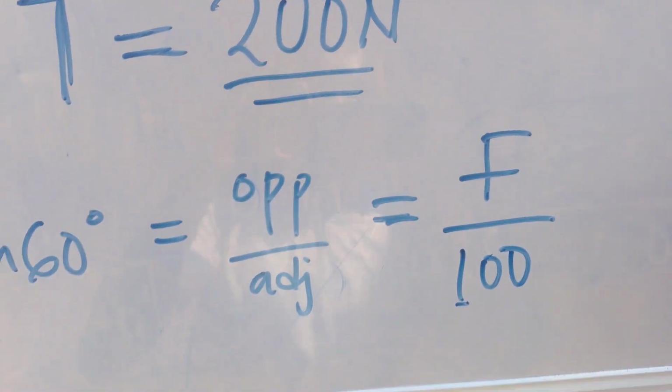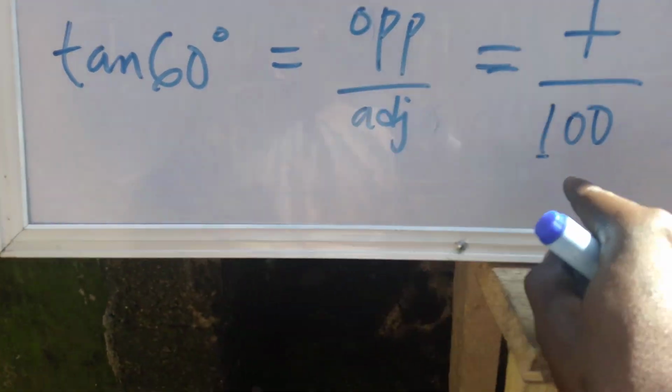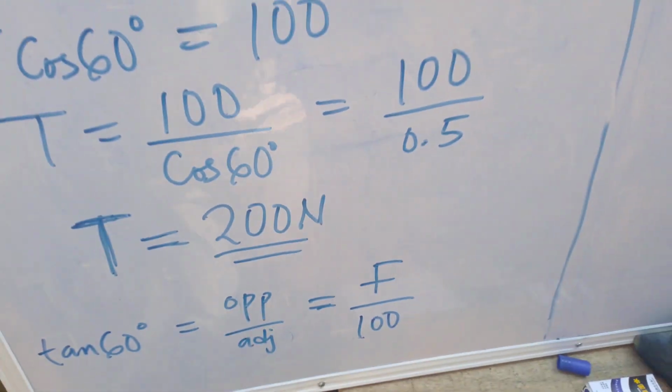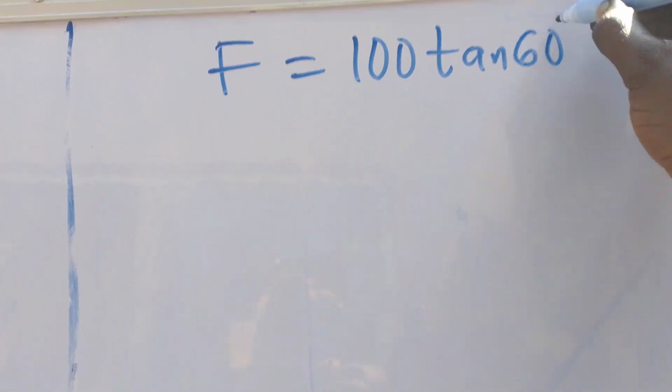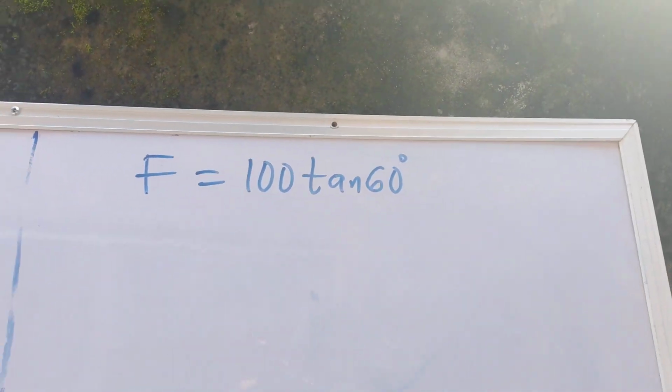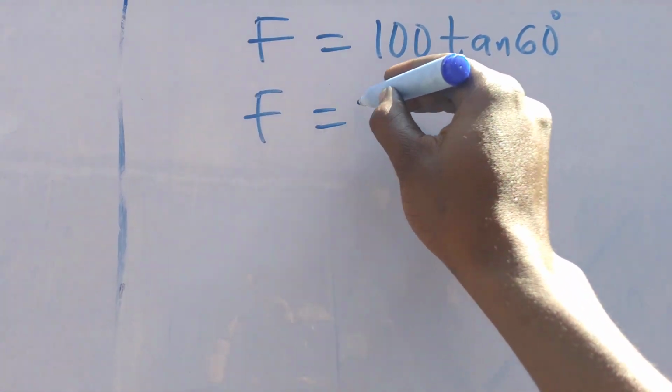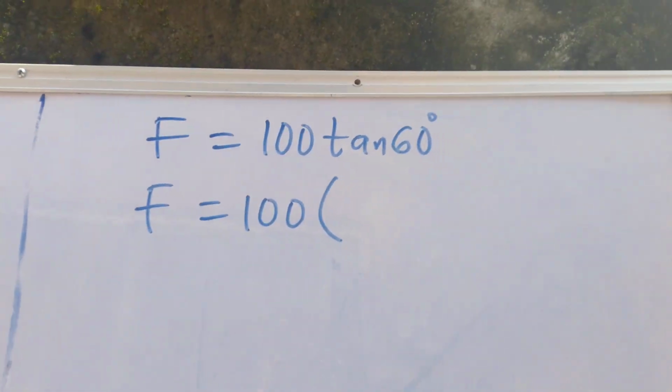If I cross multiply, F is equal to 100 tan 60 degrees.